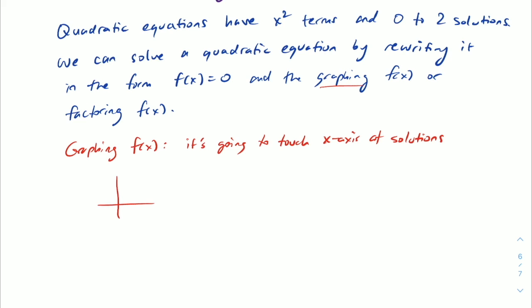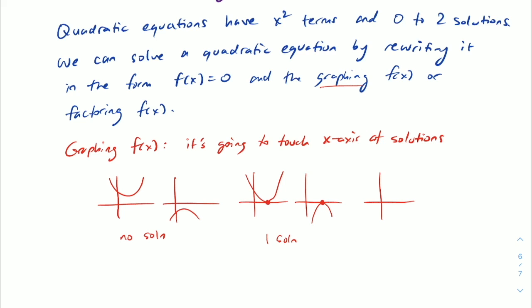We could have the graph not touch at all, like that, in which case we'd have no solution. We could have the graph touch the x-axis once, in which case we'd have one solution. Or we could have the graph cross twice, like that, or this, in which case we'd have two solutions.